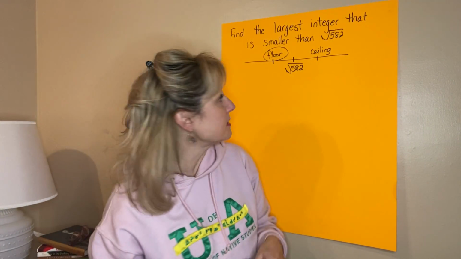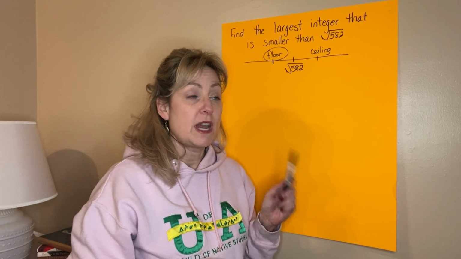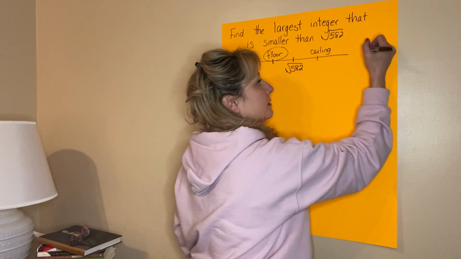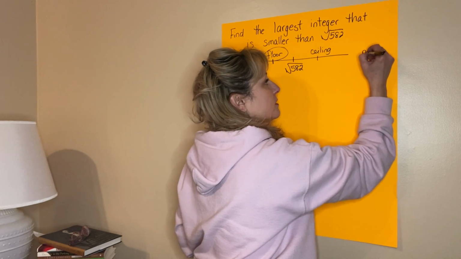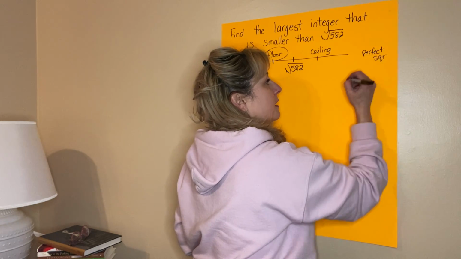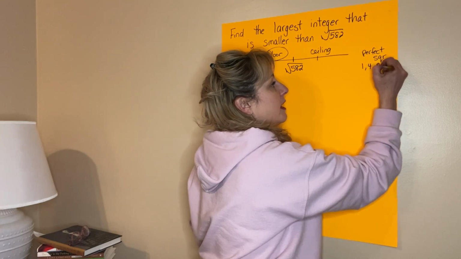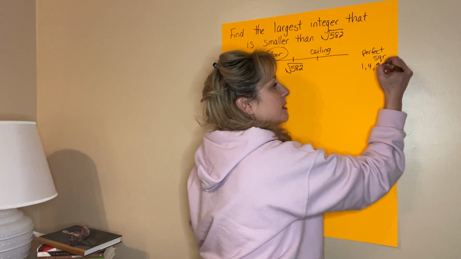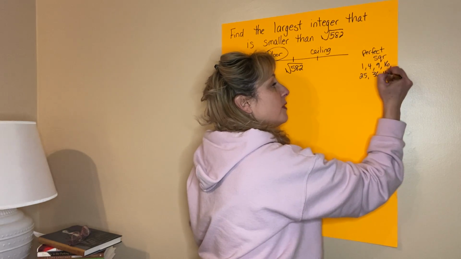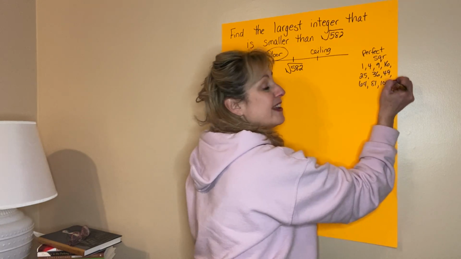Now what I know is it has to be a perfect square. A perfect square is a number multiplied by itself. So a perfect square is, for example, 1, 4, 9, so that's 3 times 3, then 16, 25, 36, 49, 64, 81, 100, you get the idea.